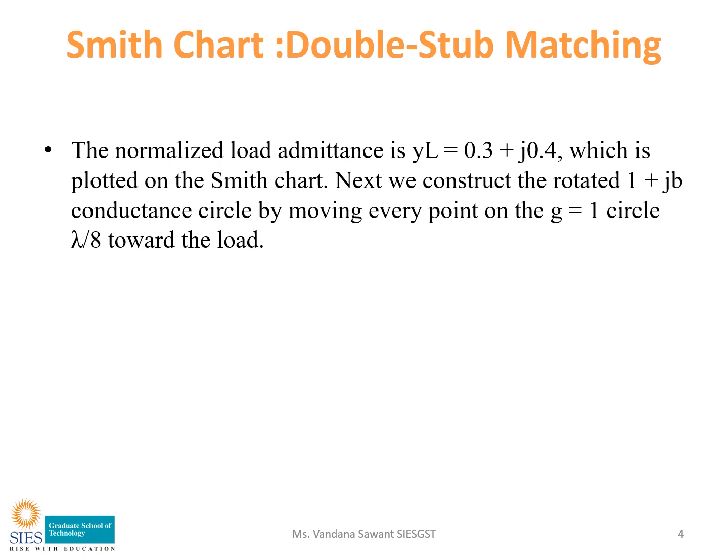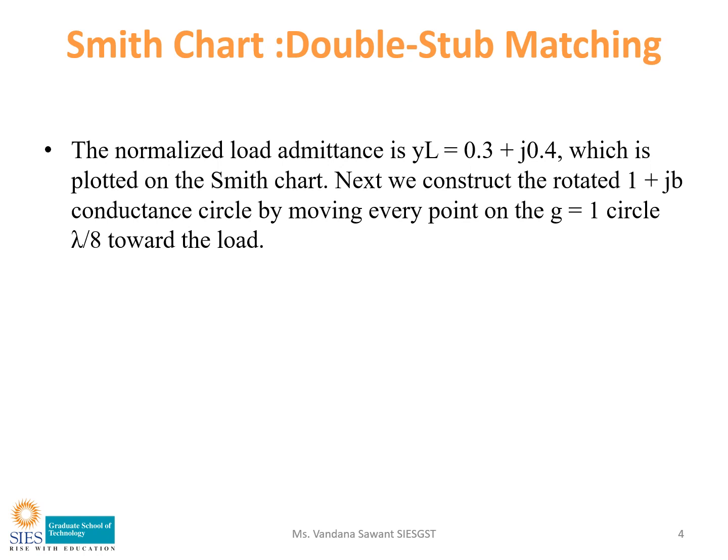Now, as our stubs are placed lambda by 8 apart, next we have to construct a rotated 1 plus jB conductance circle by moving every point on the G equals 1 circle lambda by 8 towards the load.